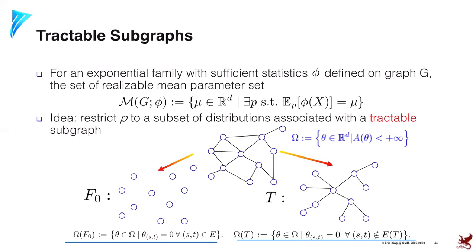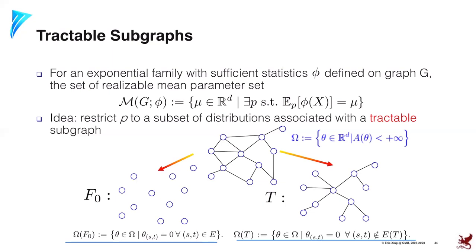For instance, now we have this graph, which is intractable, and we can restrict it to a subset of this graph. For example, we can use this F0, which has this formula, and this will be a tractable approximation.